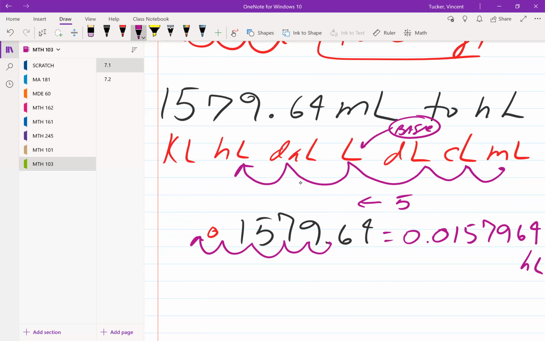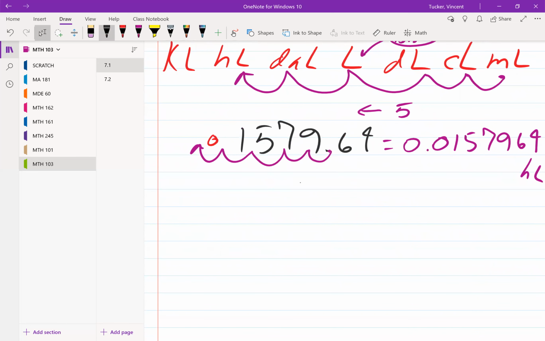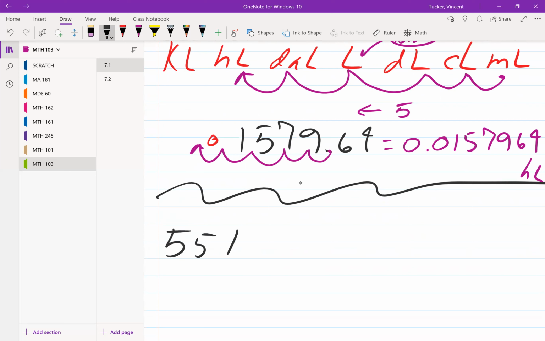Even when you're converting from US to metric, you're using the previous method of converting. What I mean by that is if you have 55 miles, and you want to convert it to kilometers.